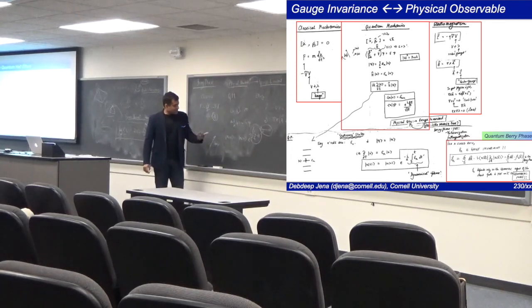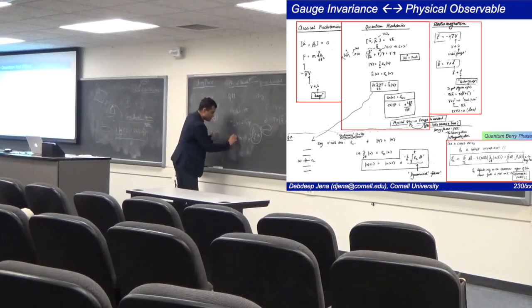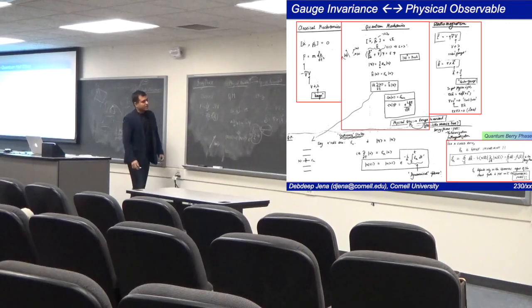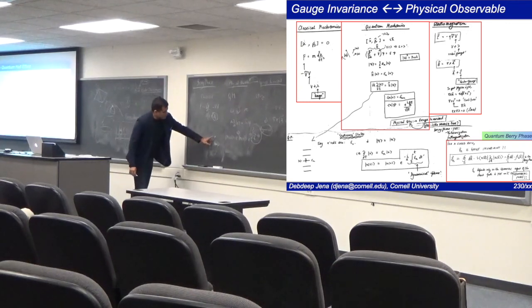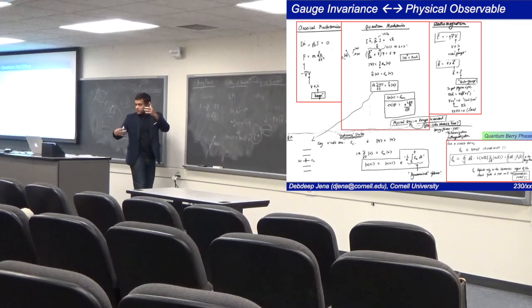Right? Now, what Berry asks is, I'm going to introduce another phase, i gamma_n, corresponding to the nth state as a function of t, and I'm going to move this vector along a certain path in time and in some space. That's what we're going to look at in the next class. We're going to move it along some path in space.